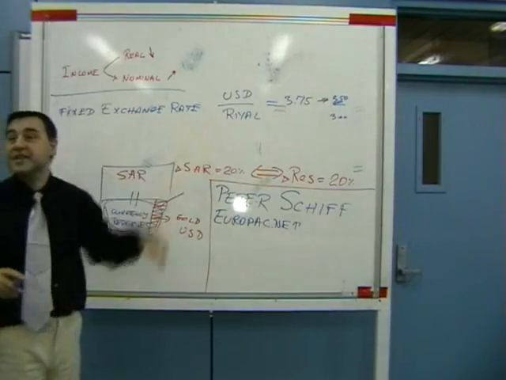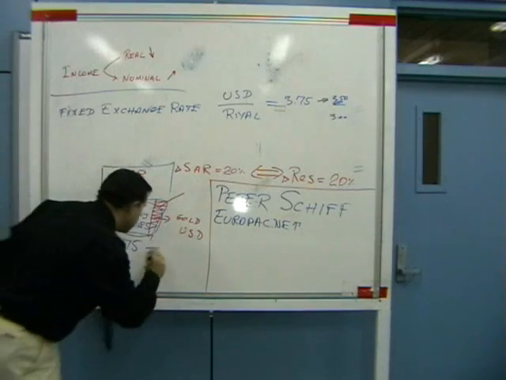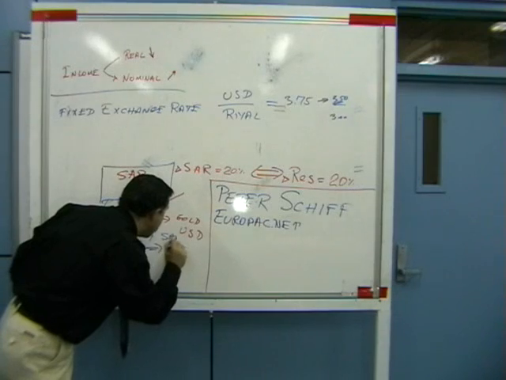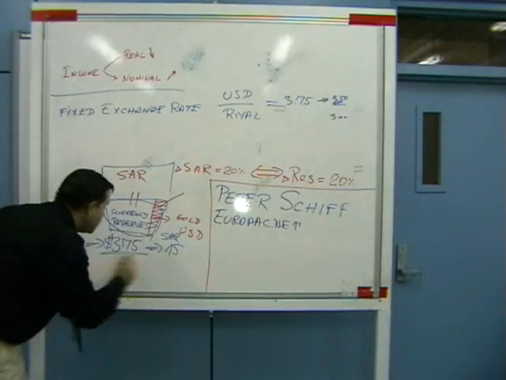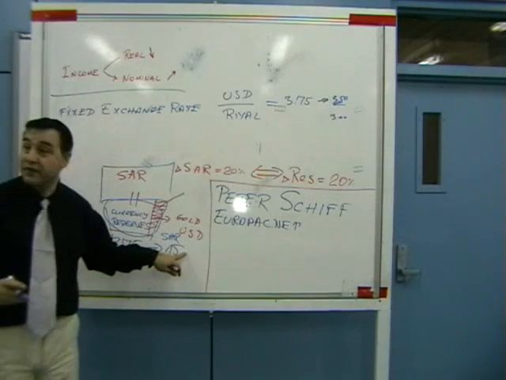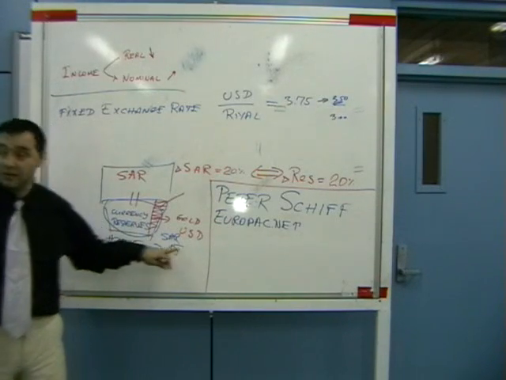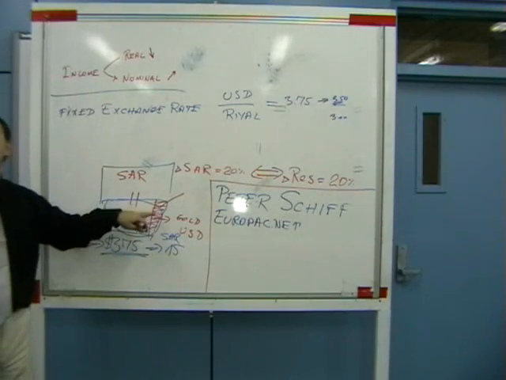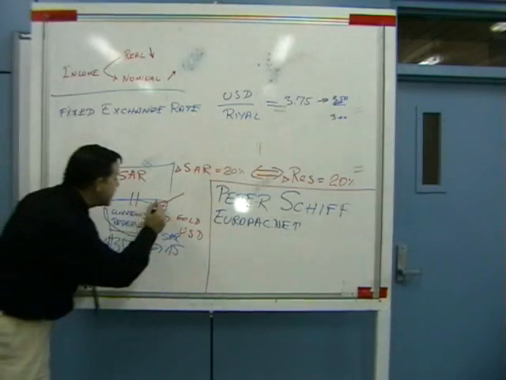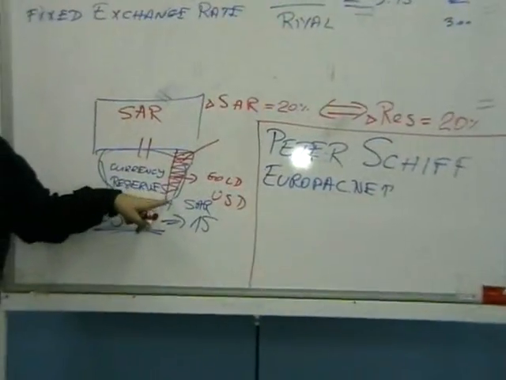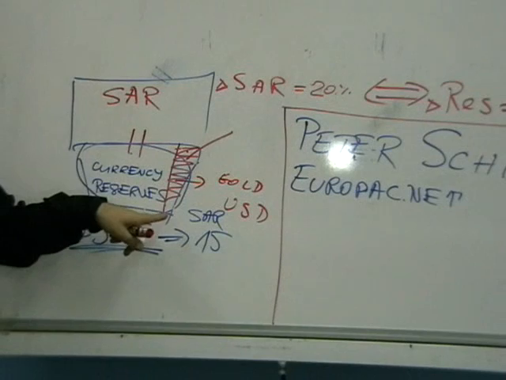By 3.75, this gives roughly 1,500 billion Saudi Riyal, if you have accumulated this amount of dollars. That's actually trillion. The act of revaluation means a sudden recognition of loss of purchasing power of reserves.